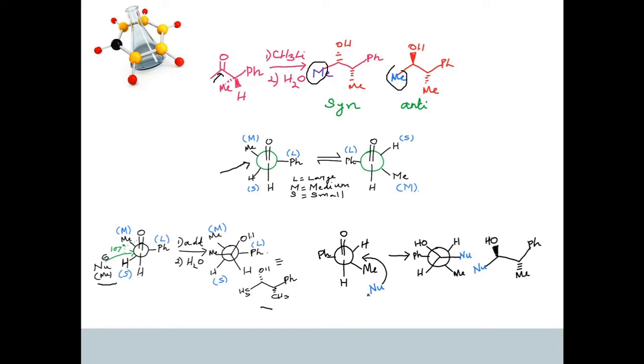When the nucleophile attacks from the opposite direction, we end up with an anti product. So please remember, your nucleophile and the phenyl group remain in the largest carbon chain, and they are anti to each other.